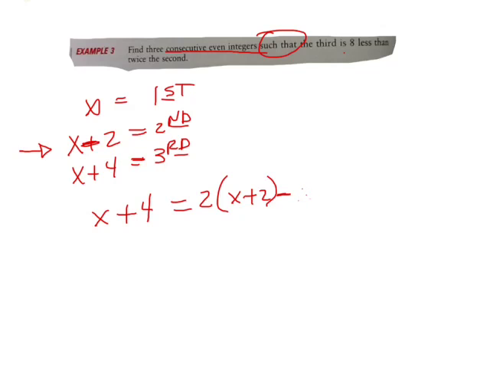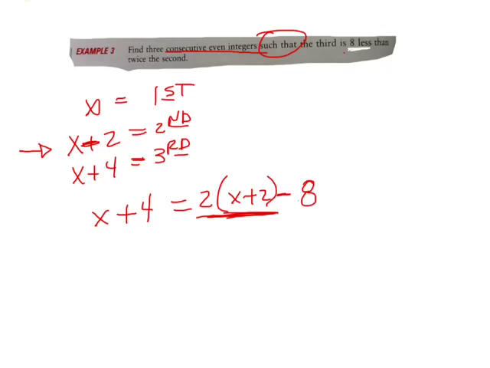Right here, okay, so it was 8 less than. I don't know why I put x. I said 8, but I put x. It's 8 less than twice the second. There's twice the second right there.